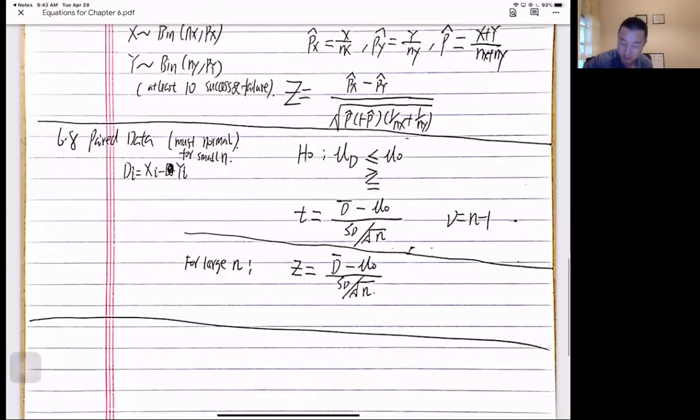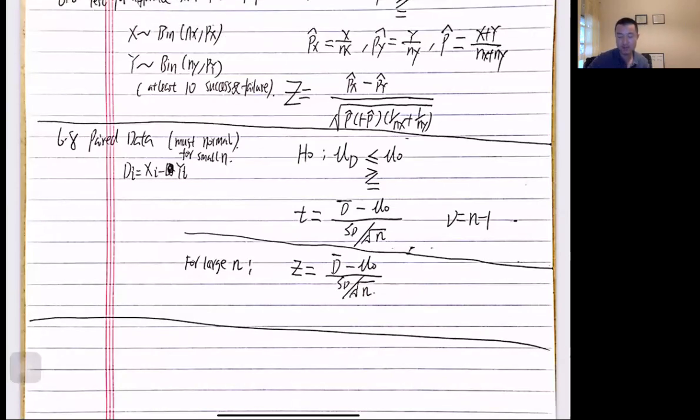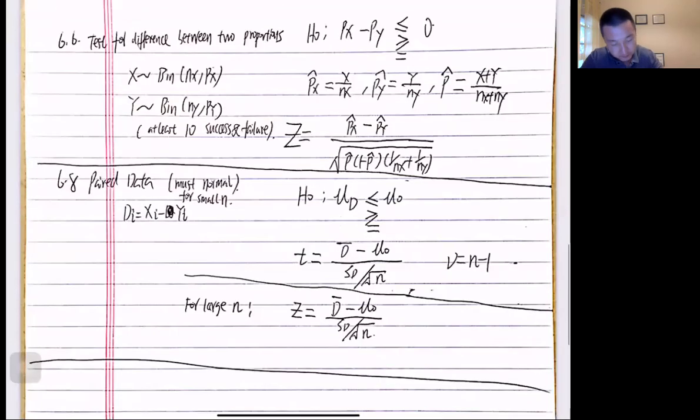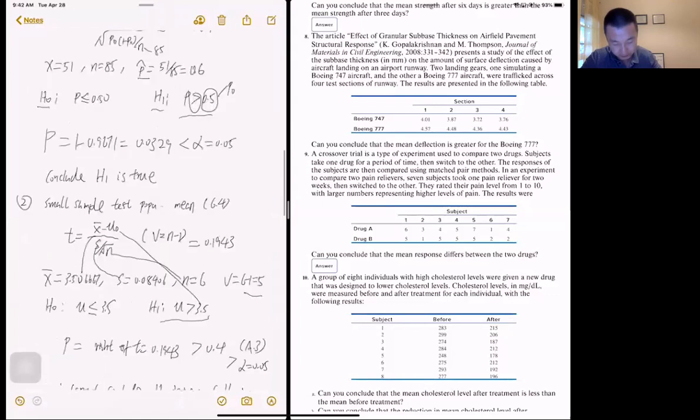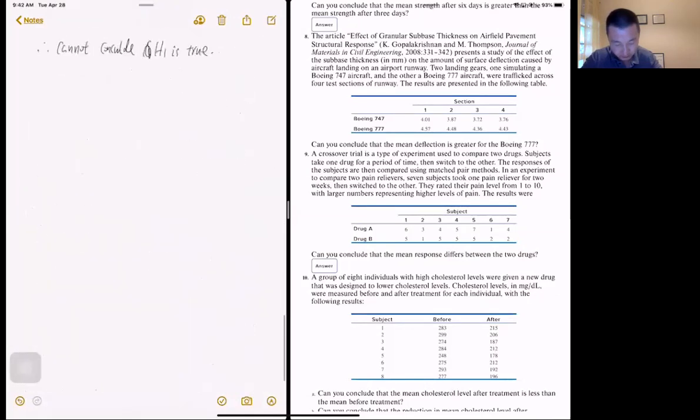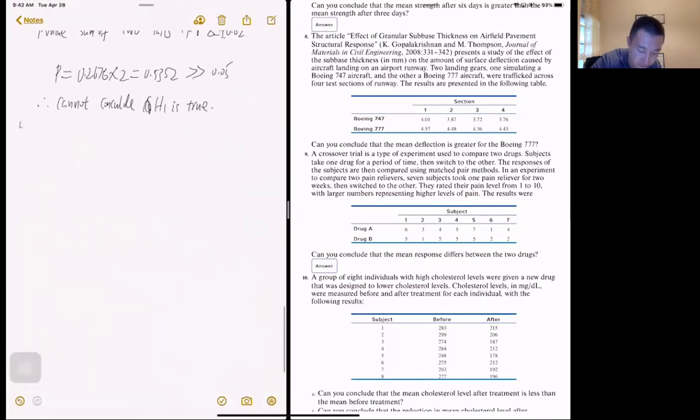Okay. So degree of freedom is n minus 1. All right. So this is paired data, small sample. Does it belong to one of the questions from section 6.8?